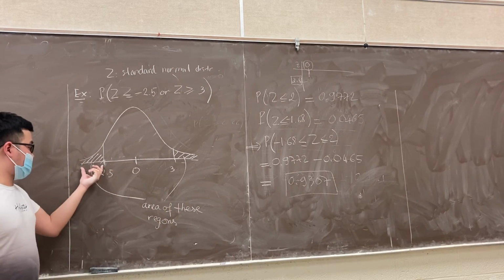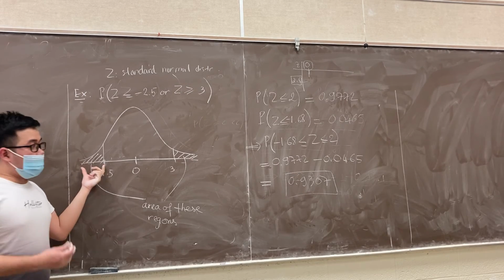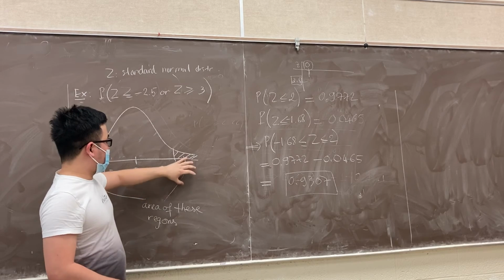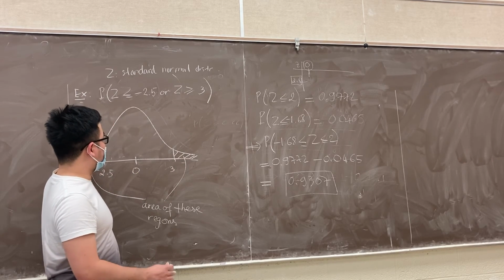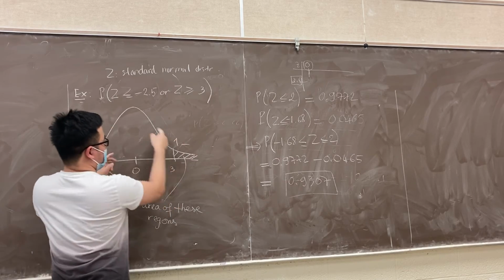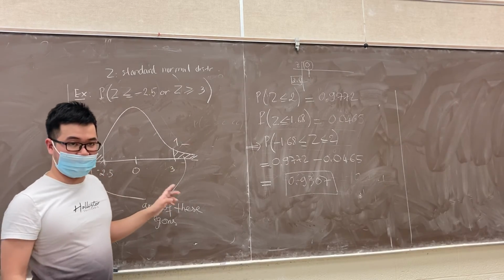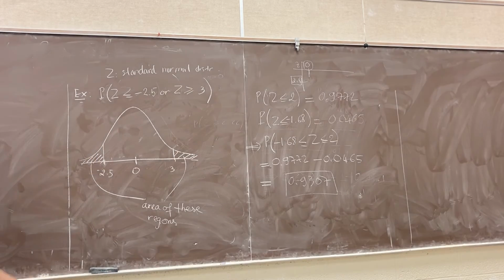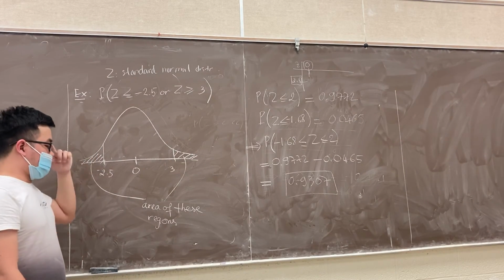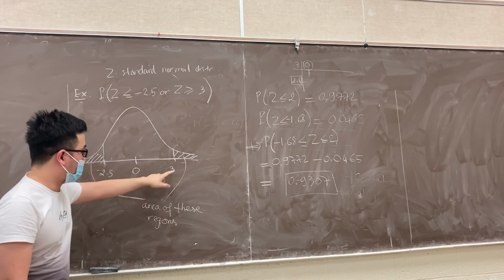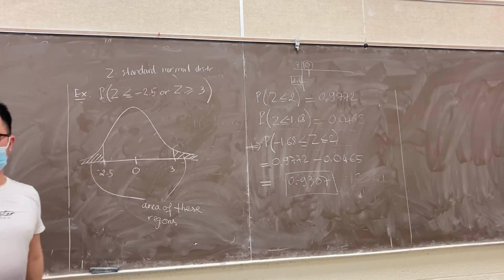To calculate the area here we use the table, and to calculate the area here we can calculate the area of this and make 1 minus that area. Now I will give you some time to think about how to calculate the area of this one and this one, and make the sum.